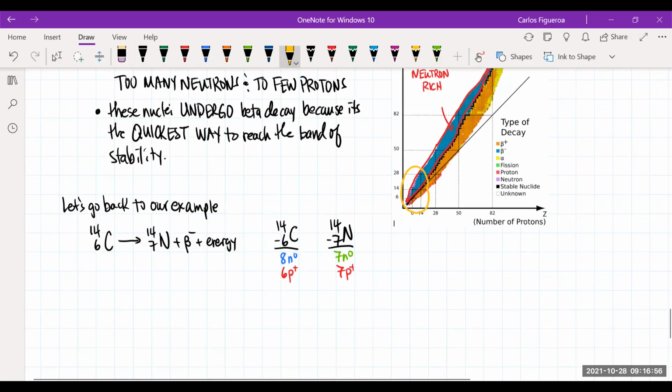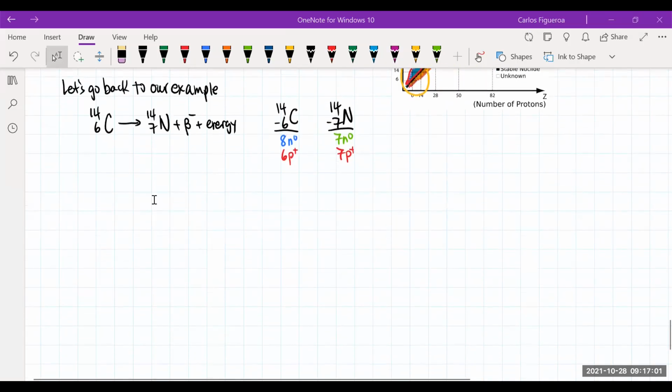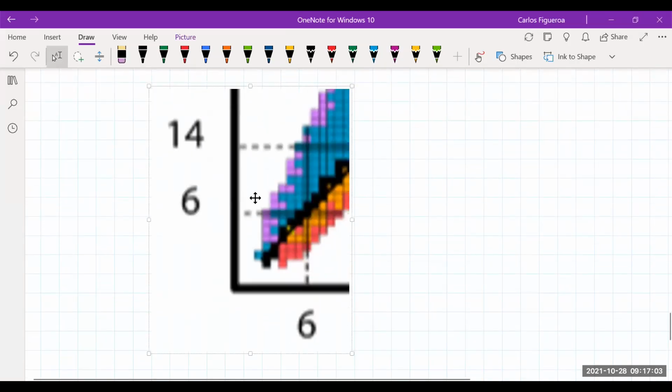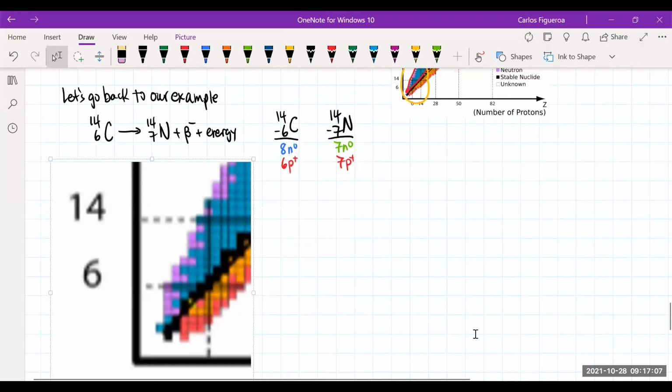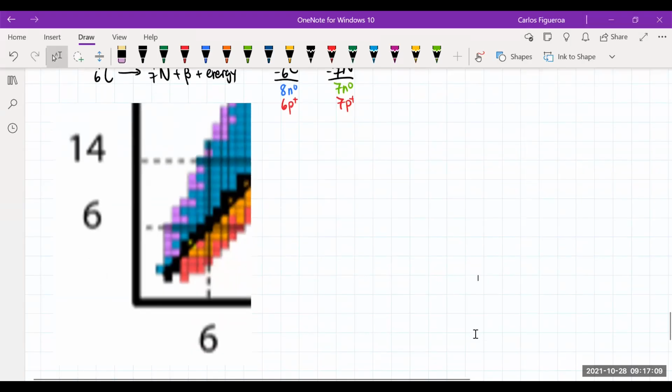So what I did here is that I cut this up, and it looks like this. I made this really big, and I want to keep it big. So now let's go draw our lines. The first thing is that we have a 6 line.